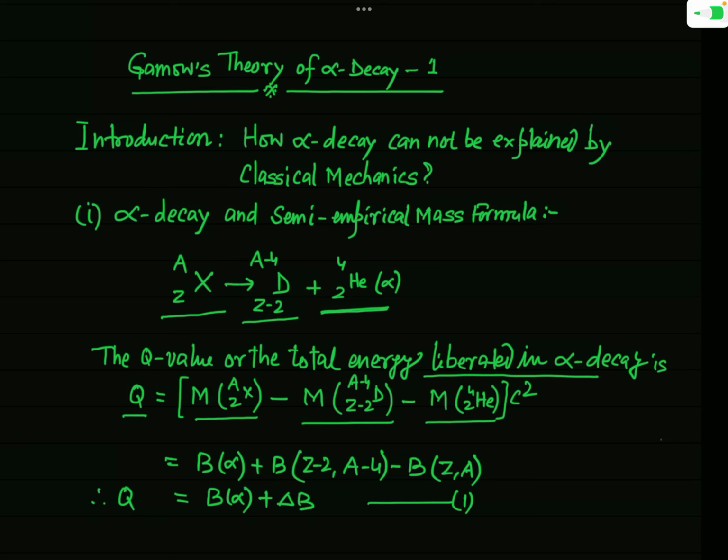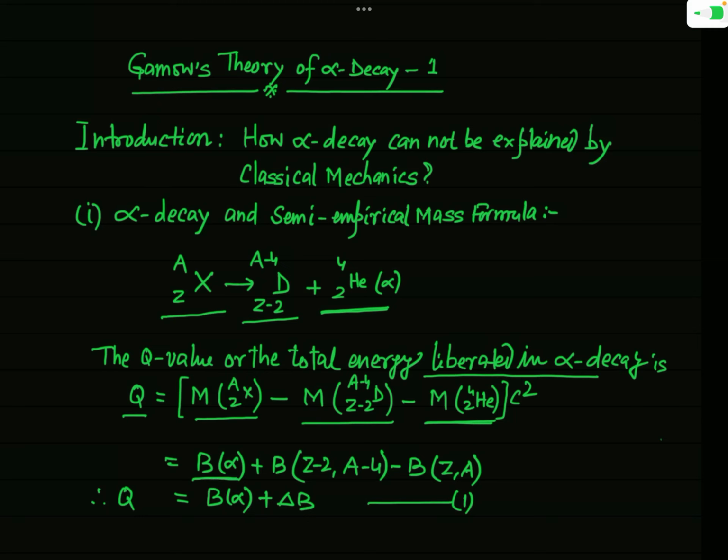Now you know, minus m of 2He4 c squared: this is simply the binding energy of the alpha particle. With a negative sign, it represents the binding energy of the alpha particle, so for the last term we have written B alpha.